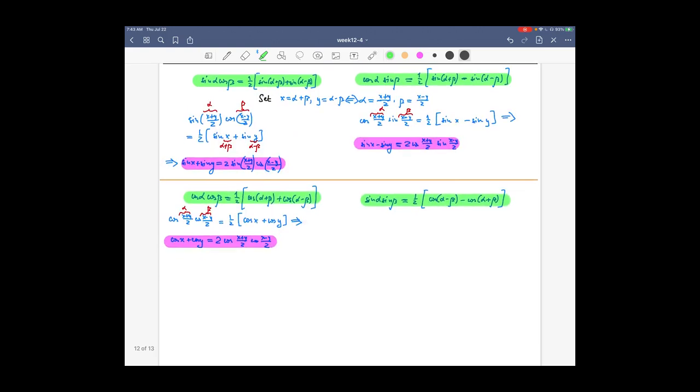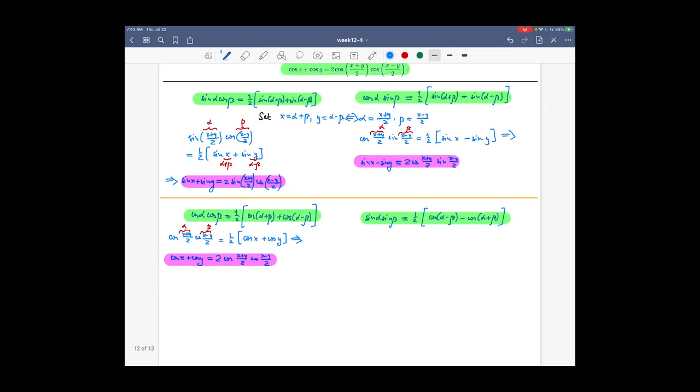And finally, the same trick with the last formula. If I replace alpha by x plus y over 2, and beta by x minus y over 2, I get, according to this formula, 1/2 cosine of alpha minus beta, that's y, minus cosine of alpha plus beta, that's x.